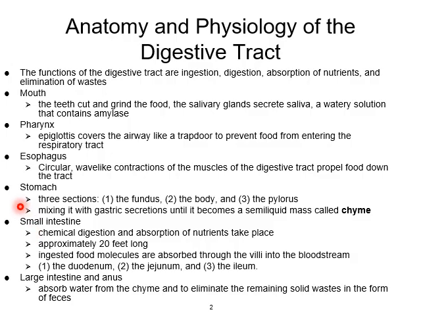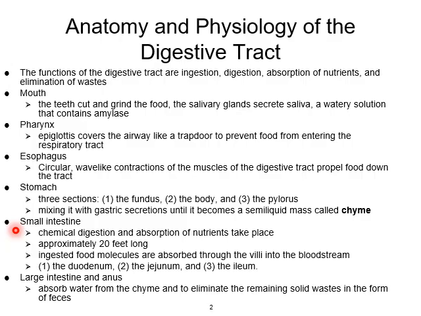In the stomach, the food is mixed with the gastric secretions until it becomes a semi-liquid, the chyme. Again, the food that we eat and swallow reaches the stomach and gets mixed with gastric secretions, and it becomes a semi-liquid mass that is called chyme.